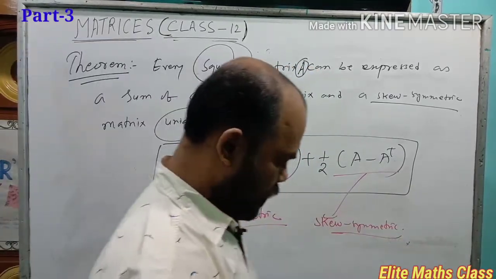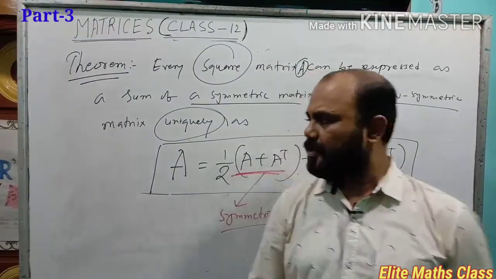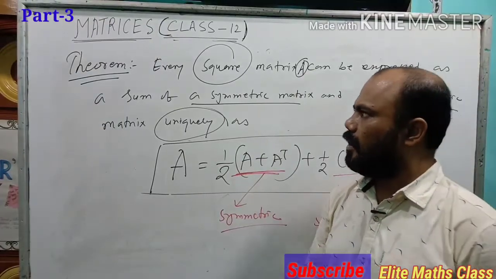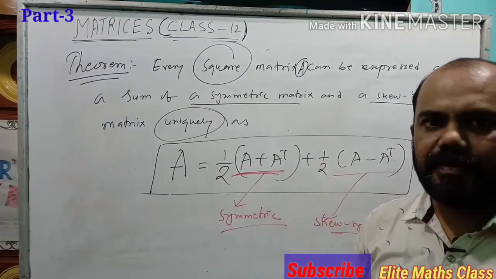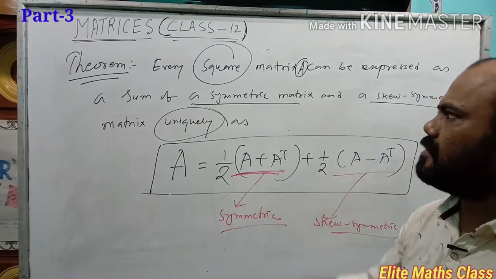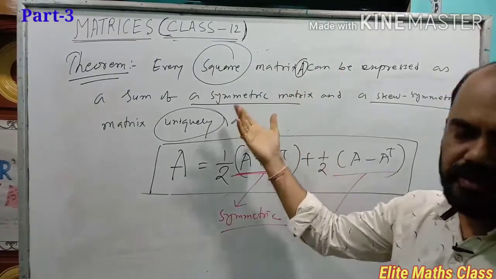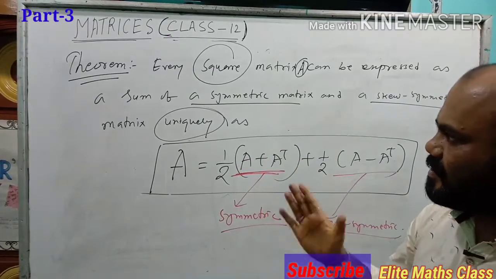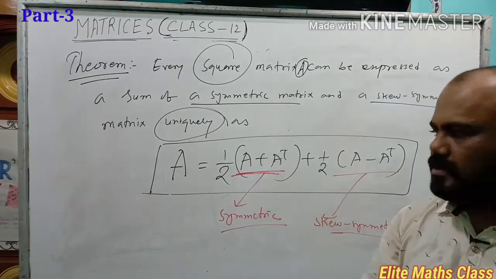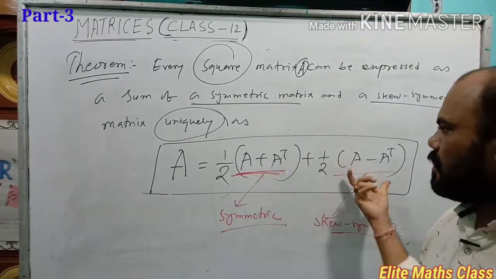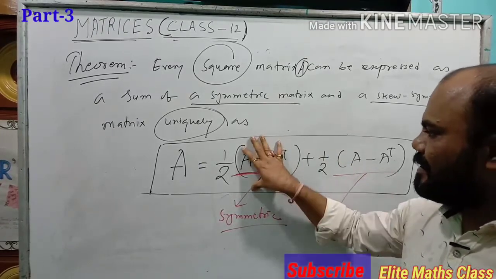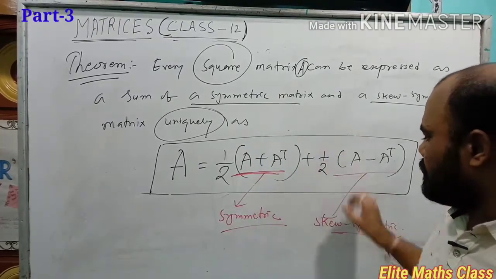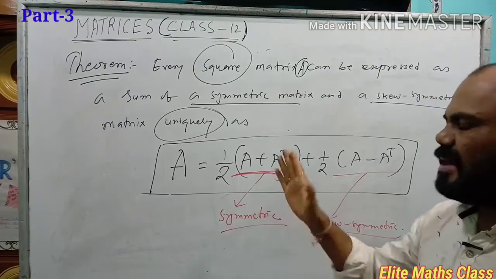The proof is very easy, you can try it at home. What is the statement of this theorem? It is for any square matrix, whether it is 2 by 2 or 3 by 3 or 4 by 4, every square matrix can be expressed as a sum of two matrices. Here this matrix will be a symmetric matrix and this matrix will be a skew symmetric matrix.